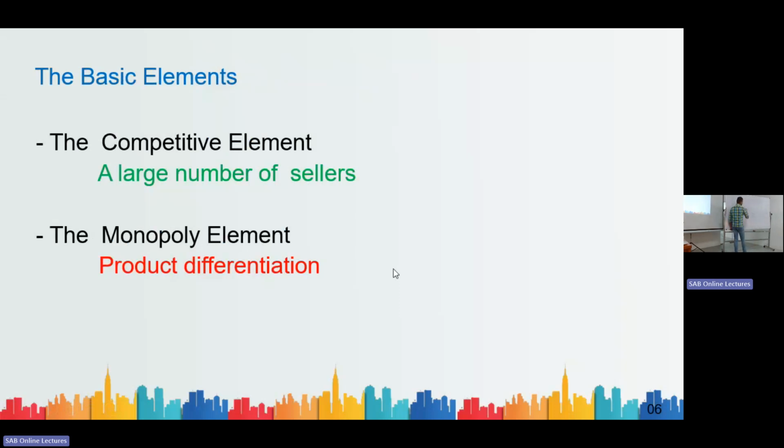But here, products are slightly differentiated. It also provides some monopoly power. A small monopoly power is there with monopolistically competitive firms.